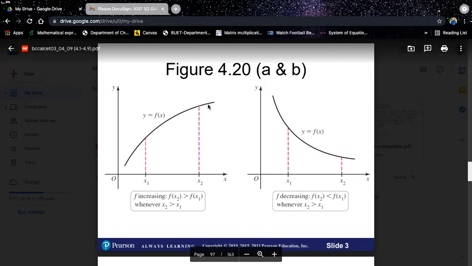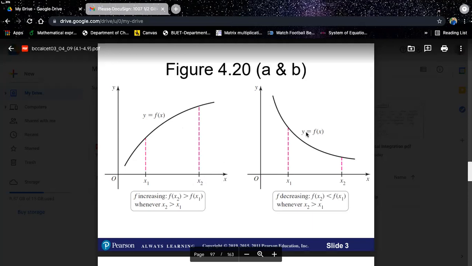And if we eyeball the graph, we can see the functional value at x2 is at a higher position than the functional value at x1. It's going up, right? As we are moving to our right, the function is also going up. That means it's definitely increasing on this interval, right?